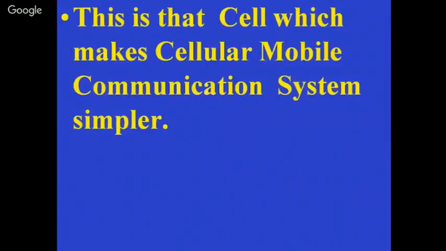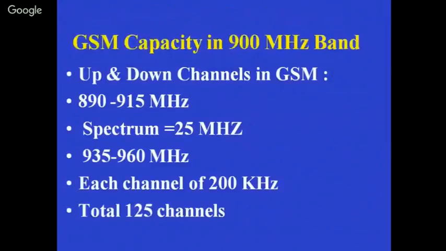So this was about the cell. Now capacity in megahertz. See here, your spectrum, up and down channel, is 25 megahertz, and 200 kilohertz is each channel.